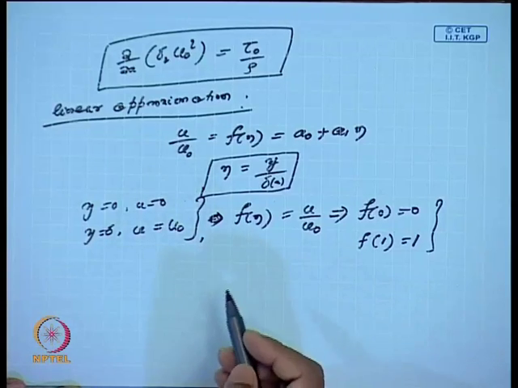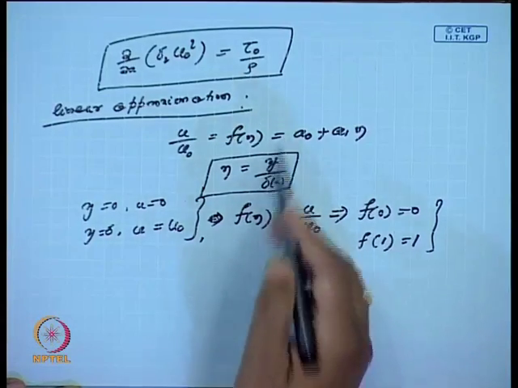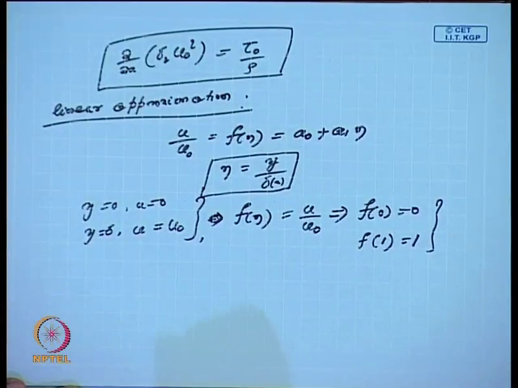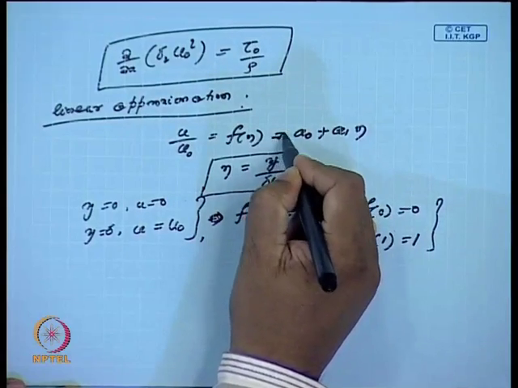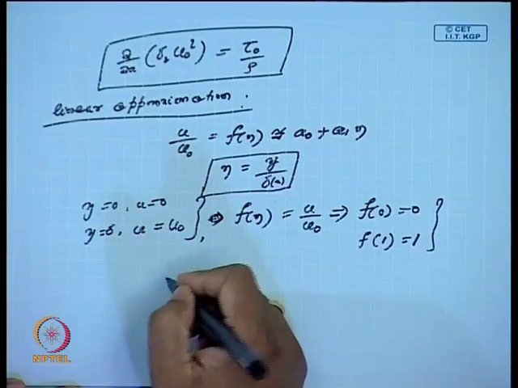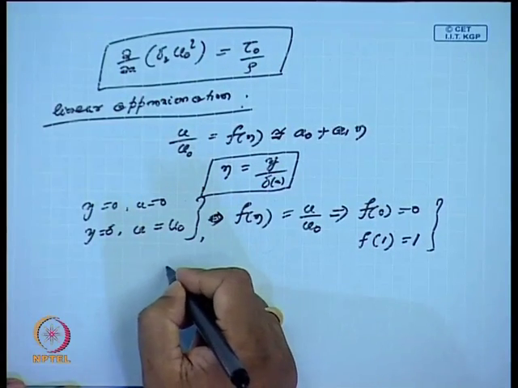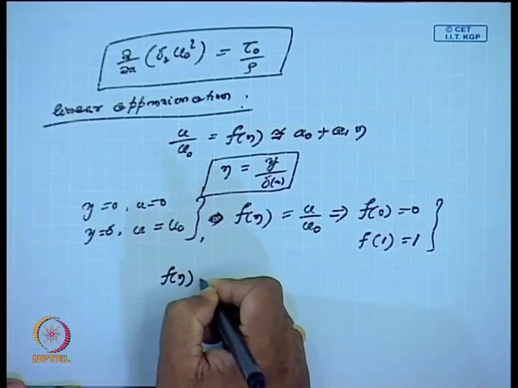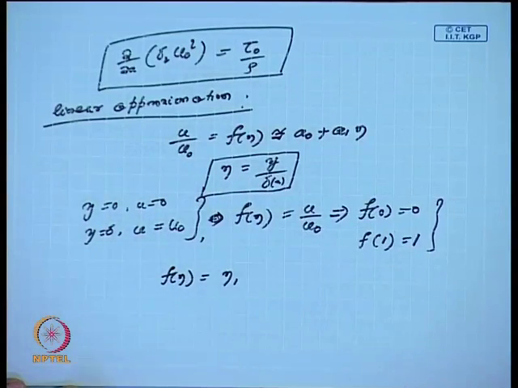If I substitute for a0 and a1 in this expression, which I call an approximate solution, then I will get f of eta as eta.